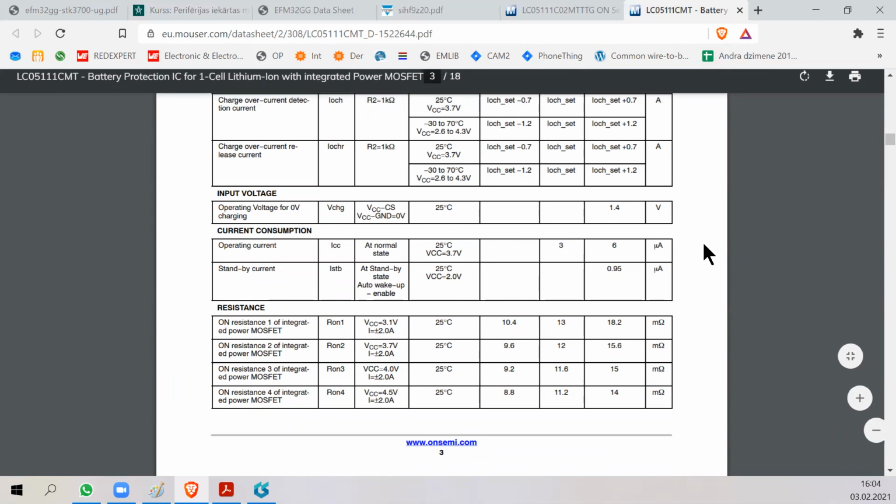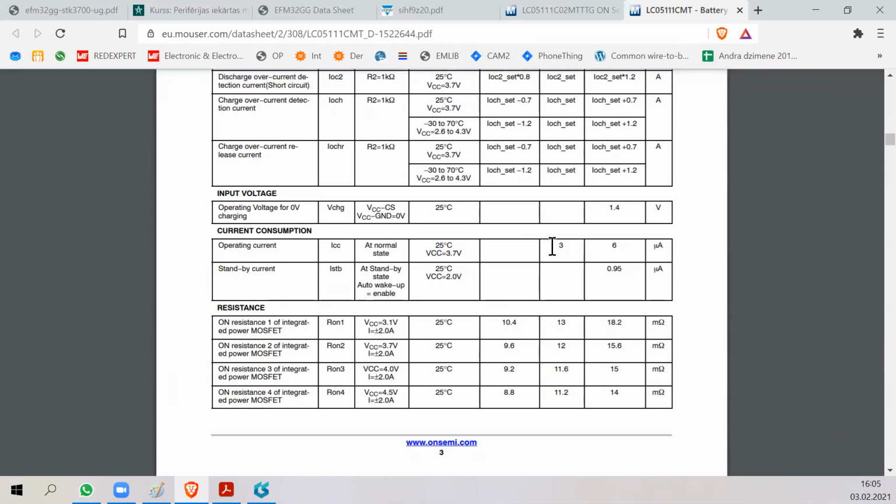In low power designs, we want the leakage current to be under 10 microamps all combined. The microcontroller sleep current is, for example, 2 microamps. Maybe you have an LCD which consumes 1 microamp. This protection consumes 3 up to 6. The total is 10 or less.